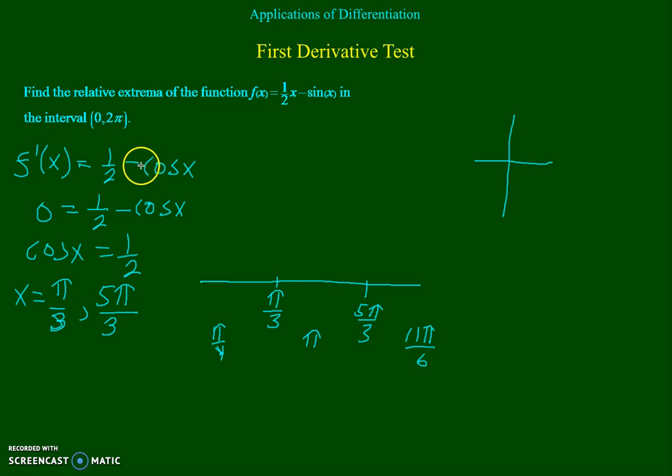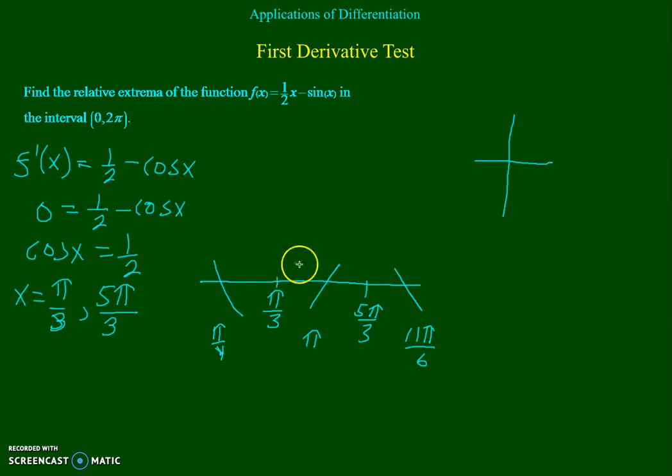So 1/2 minus cosine of pi over 4, which is the square root of 2 over 2, is negative. So we have a negative segment here. Evaluate this function at pi, and it comes out to positive. So this is positive, and 11 pi over 6 is going to be negative again.